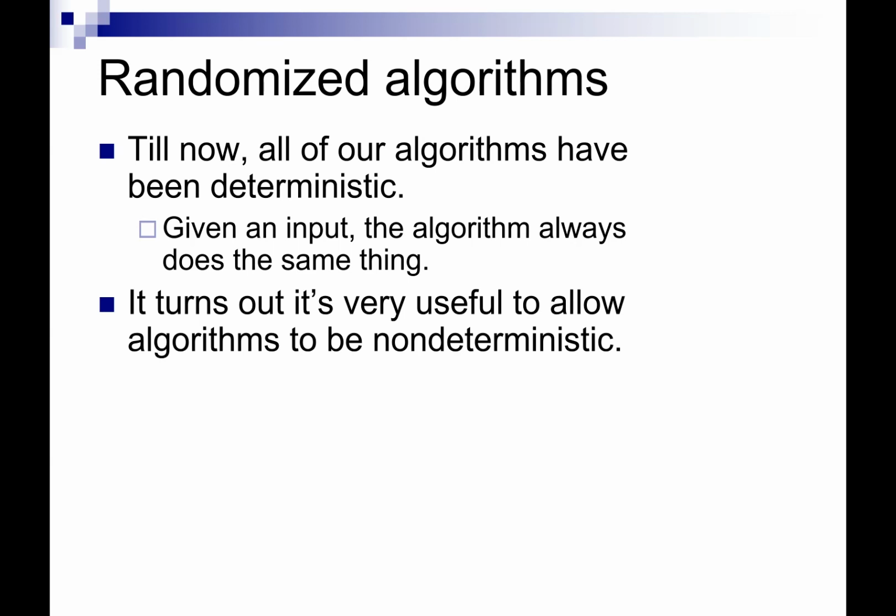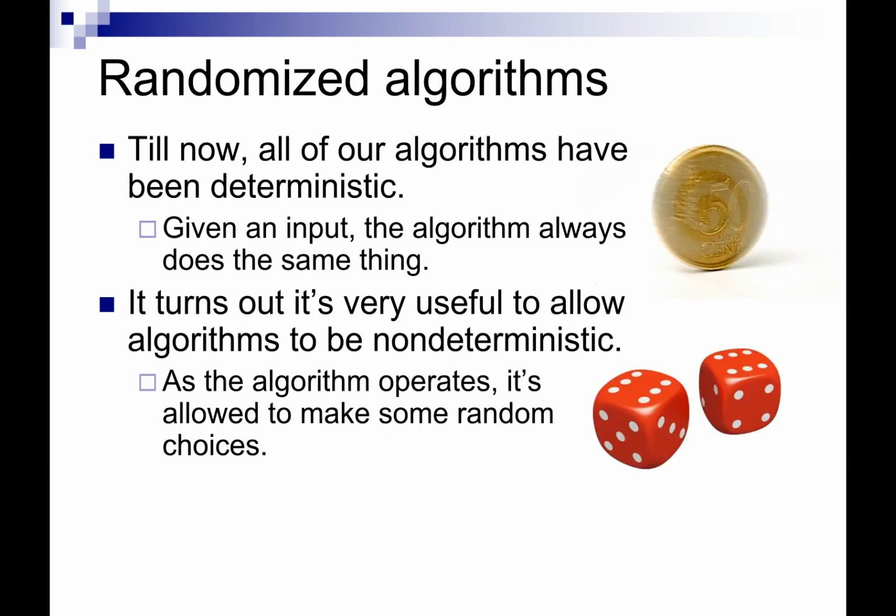However, it turns out that sometimes it's useful to allow algorithms to be non-deterministic. For example, as the algorithm operates, perhaps we can allow it to do some random actions. Maybe it can flip a coin, or roll a dice, or somehow generate a random number, and then its behavior can be guided by those random choices.